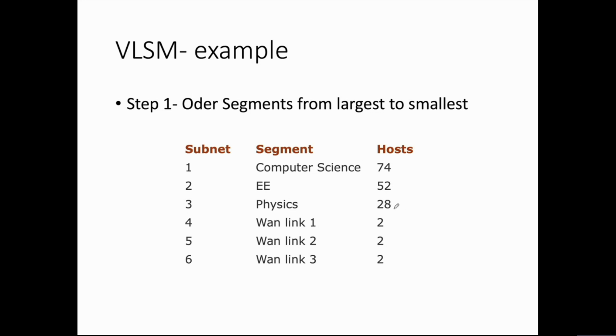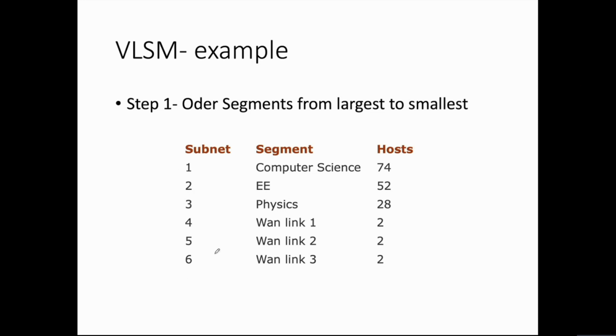In physics, I need to assign addresses to 28 nodes, and then I have a WAN link to complete this topology. I need 2 addresses here. Then there is a subnet for WAN link 2, where I again need 2 addresses for 2 router interfaces. Then I have WAN link 3, where again I need 2 addresses for 2 router interfaces.